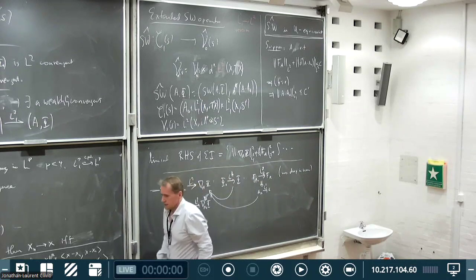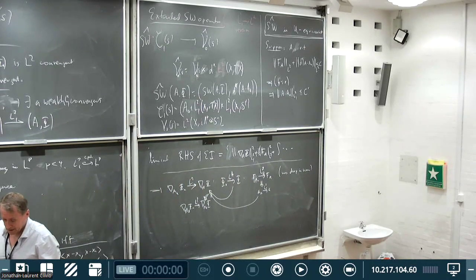Okay, great. Well, the next thing to show, which we'll do in the next lecture, is that this extended Seiberg-Witten operator is proper, and the next theorem is that it's a Fredholm map.